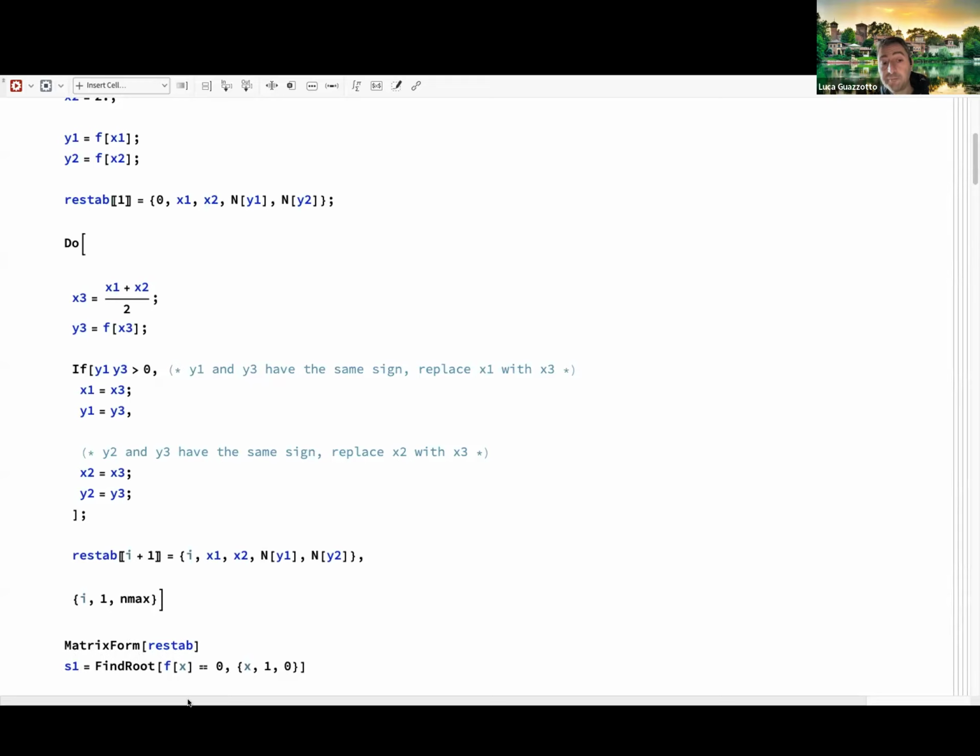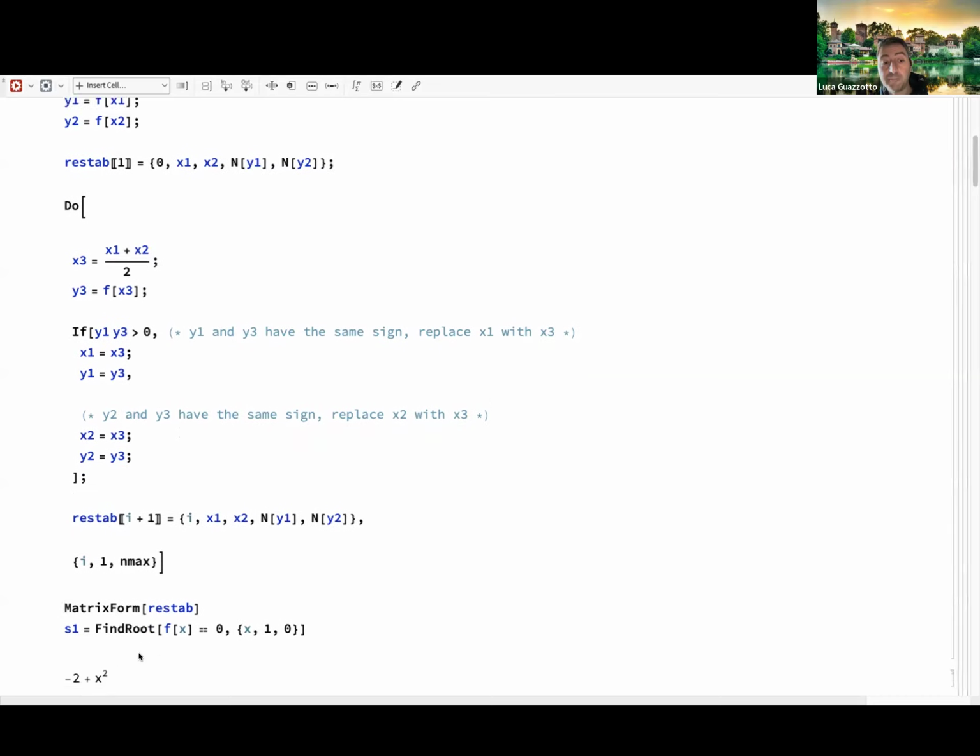So this is going to give me, in general, but not always, a very good approximation to the root. And then I can compare what I did with what the very clever algorithm that is hidden here did, and see how well it went.